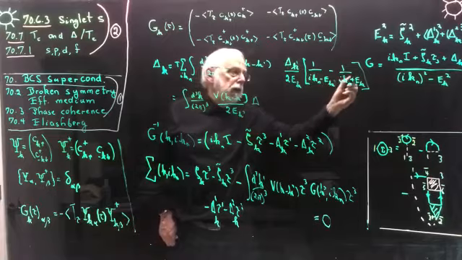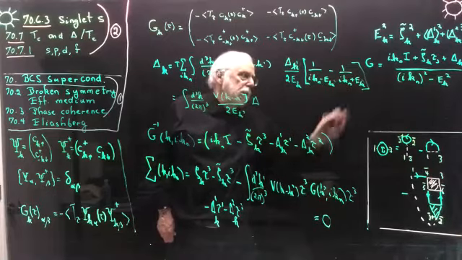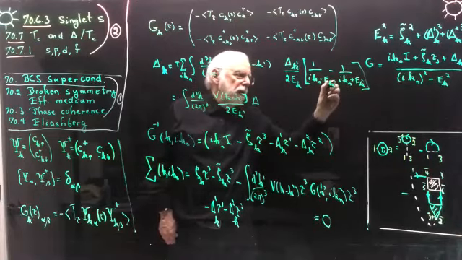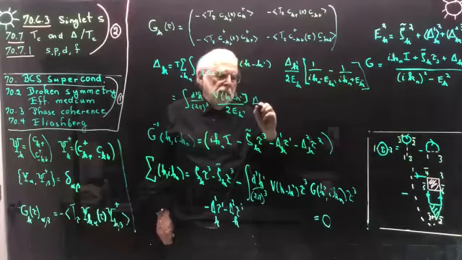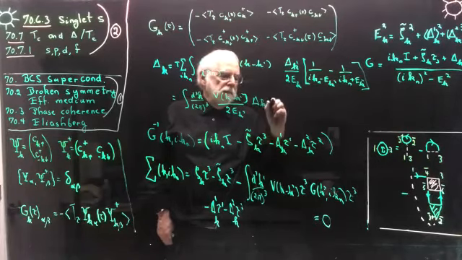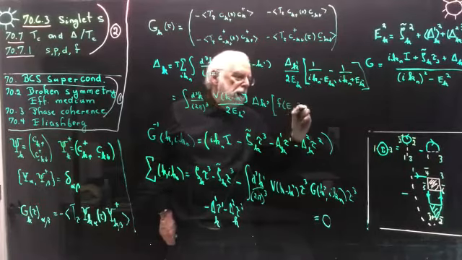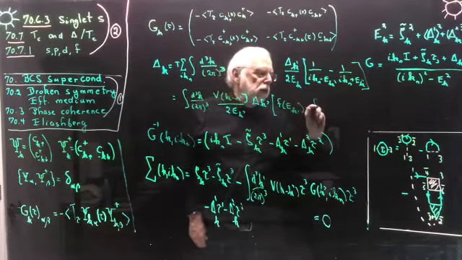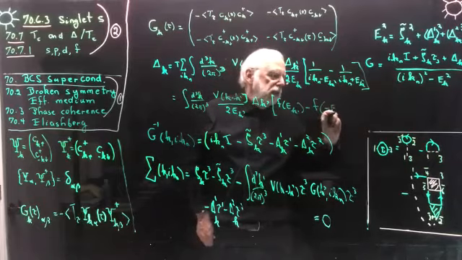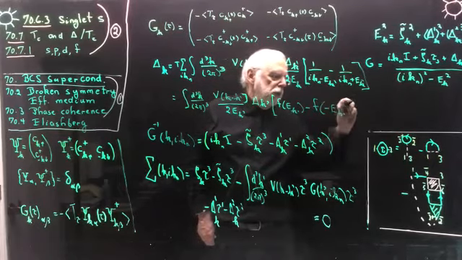That's what I'm integrating over, right? It's a function of k prime, so I need to put prime here. Delta of k prime. And here I get the Fermi function of E of k prime minus the Fermi function of minus E of k prime.